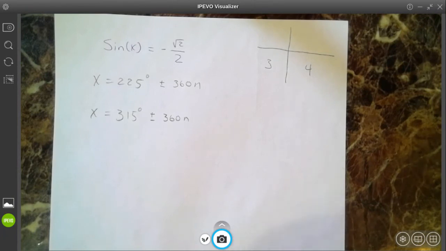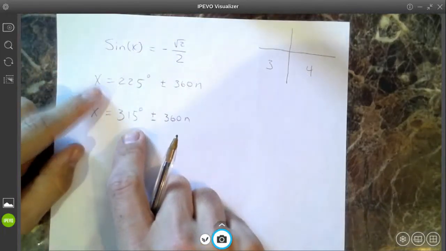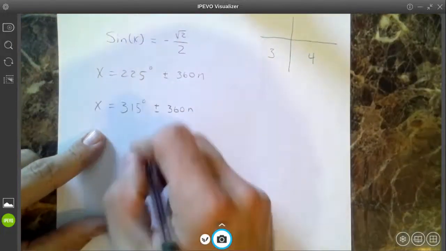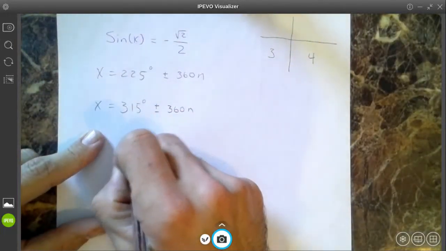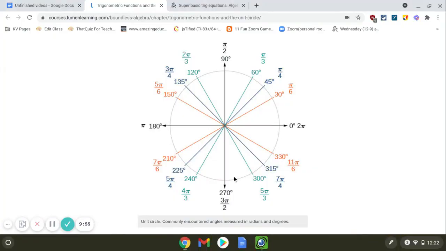Now, I know we've already talked about so much in this video, but I'm going to mention it. We're not just going to be working in degrees. You need to know how to spell these out in radians. So here's what I mean by that. What you do is you rewrite these in terms of radians. So instead of it being 225, it's going to be 5 pi over 4.